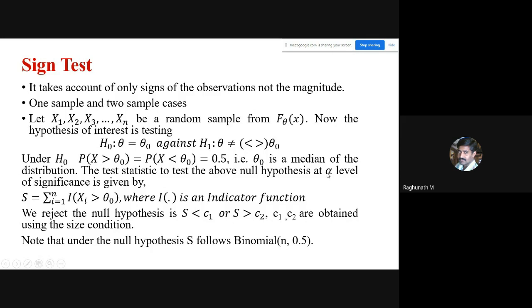Another is the p-value. Many people use this p-value. If the p-value is less than or equal to alpha, where alpha is the criterion you consider, whether 5%, 1%, or some people consider 10%, then looking at that p-value they make a decision.